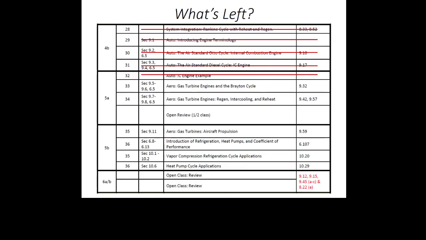So this is what we have left. We're on 5A right now. Today we're going to go through what we call the Brayton cycle, which is essentially how natural gas power plants are run, but we'll also see that it becomes the core of turbojet engines.